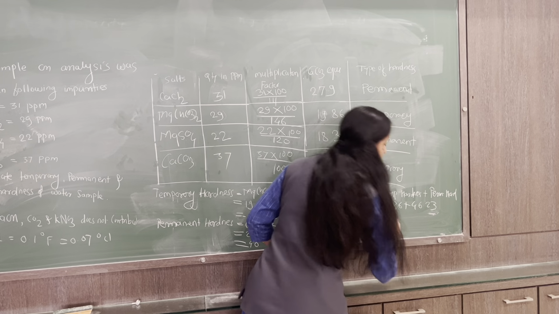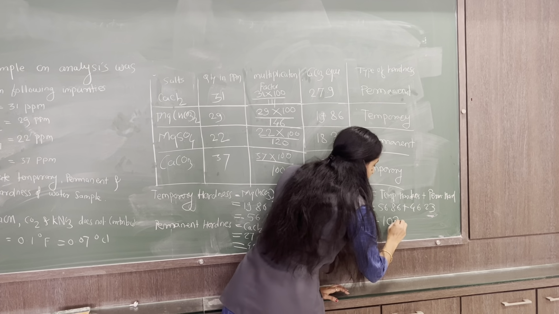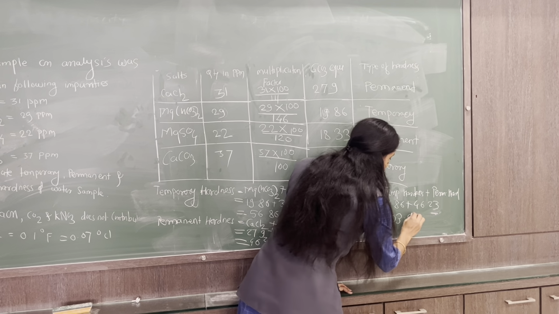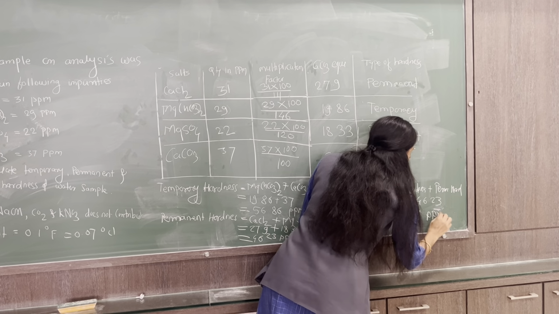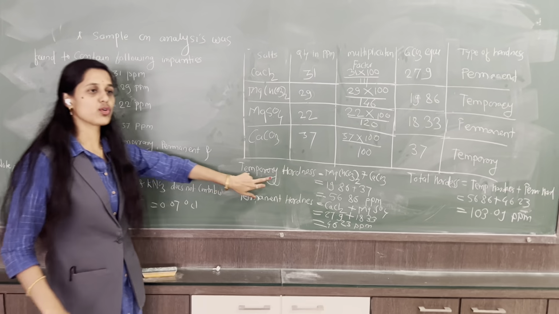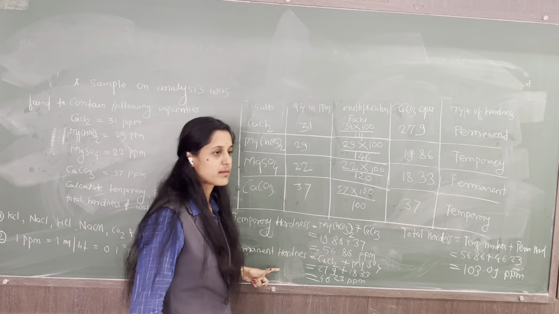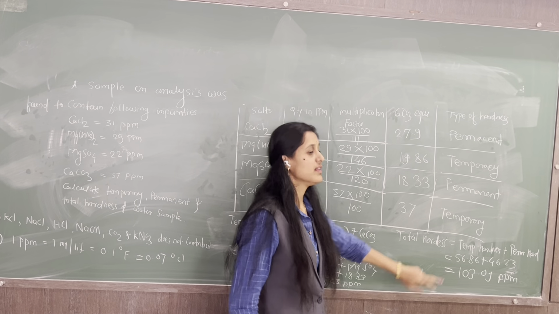What is the total? It is 103.09, again in ppm. Here we have calculated temporary hardness, permanent hardness and total hardness.